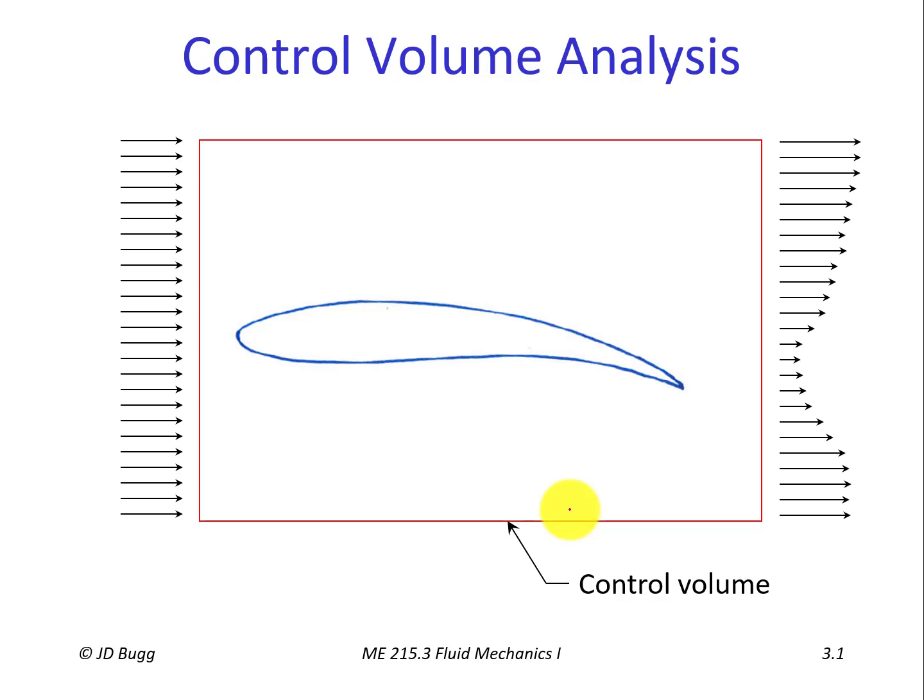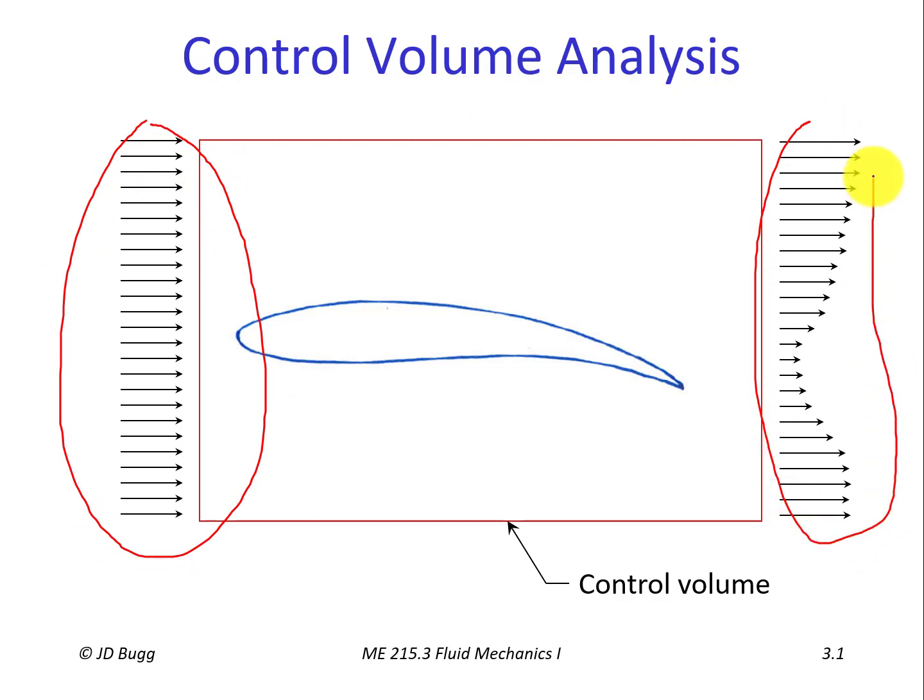Now, what do these velocity profiles tell us? Well, the way a control volume analysis works is it ignores essentially the details of what's going on inside of here. Instead, if we were interested in the force on this object, one way we can get at that force is by looking at the momentum that this fluid has at the inlet and the momentum that the fluid has at the exit.